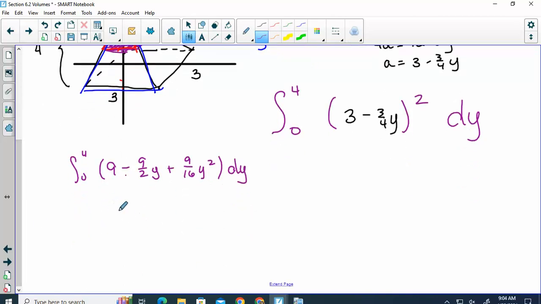So antiderivative of y would be 9y. Should be 9y squared. This goes to y cubed, so if we multiply by 1/3, 3/16 y cubed. Oh, plug them in. And then comes first.